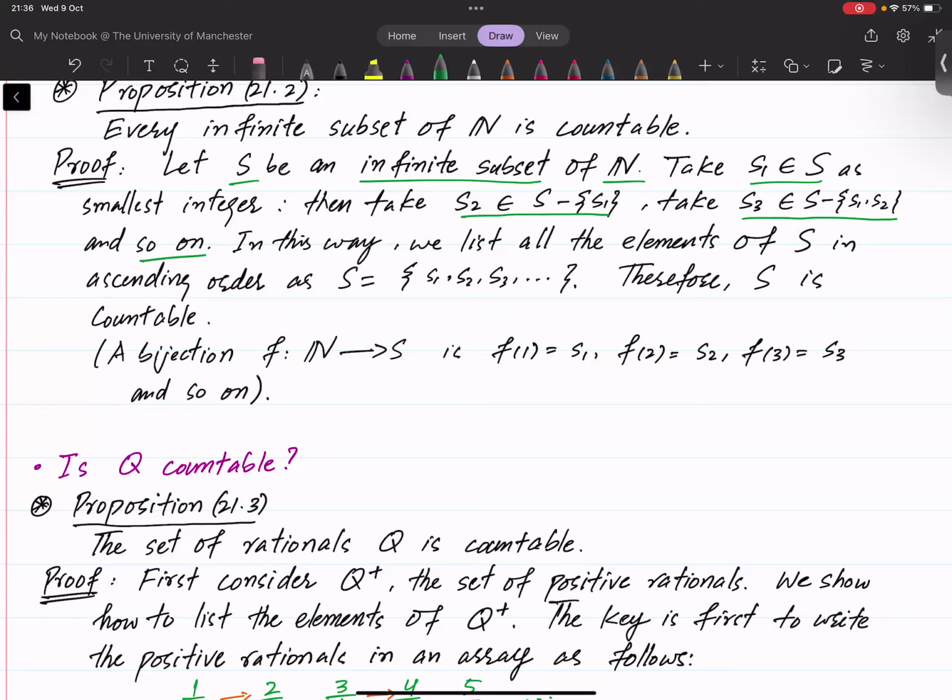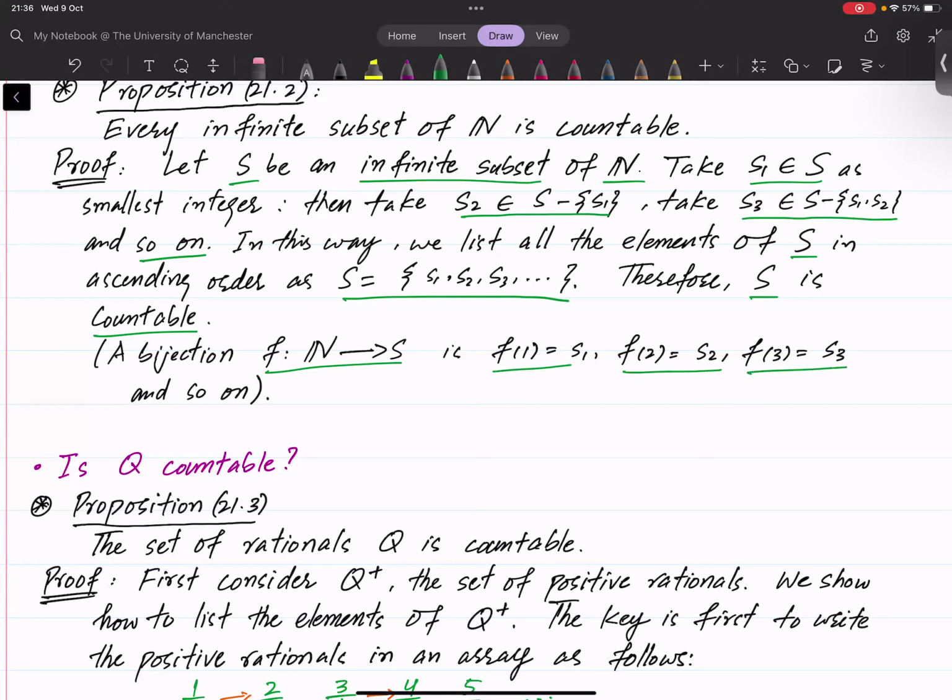In this way, we list all the elements of S in ascending order. Therefore, S is countable. You can also define a bijection from the natural numbers to S, which sends f(1) to s1, f(2) to s2, f(3) to s3, and so on.